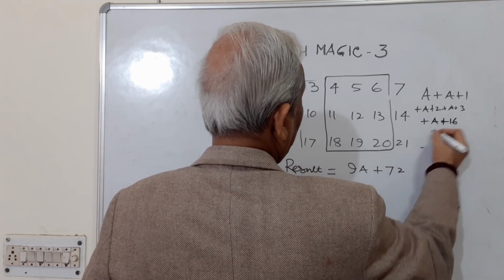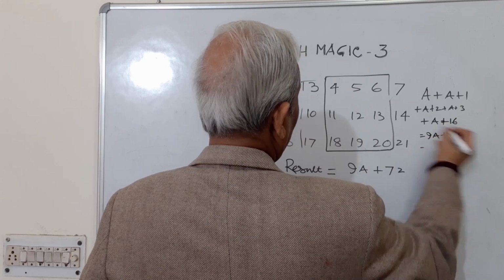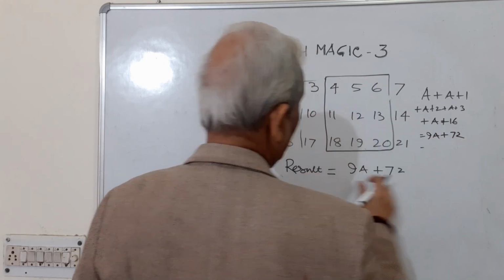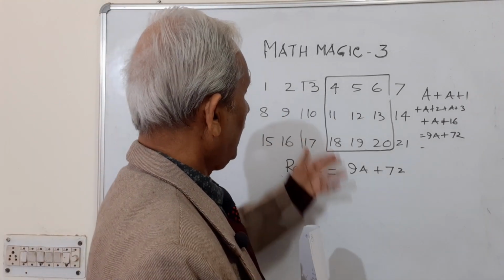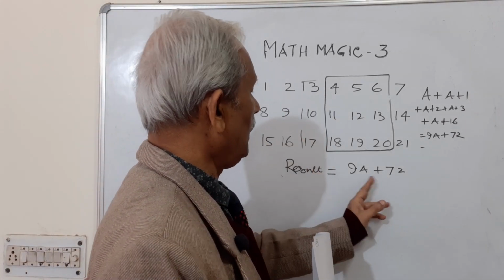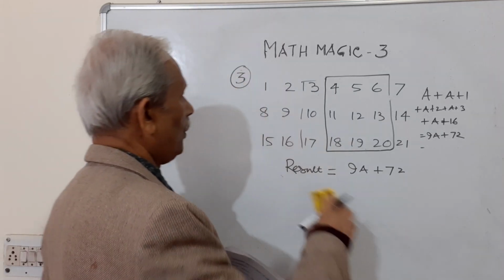When you add all these numbers, this becomes 9a plus 72. So if somebody says the number is a, you can calculate 9a plus 72 mentally and tell the result. I hope you have followed it.